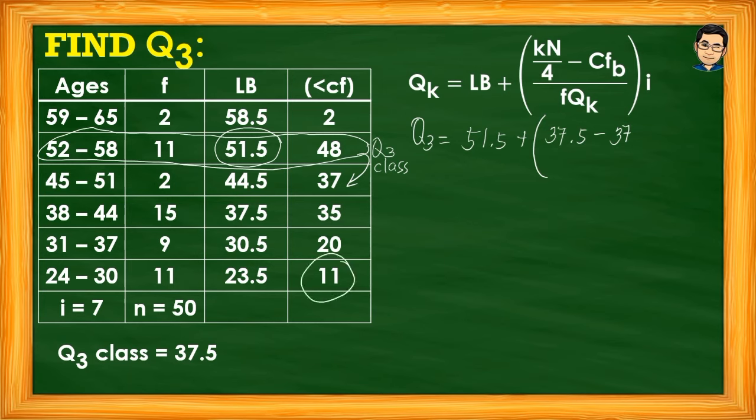Okay, so masyadong malayo na yon. So, usually, ang kasunod kung nasaan po located yung Q sub K class. So, hindi rin pwede ang 35 or 20. Kailangan yung kasunod, which is 37. Frequency of the quartile class, that is 11 times the interval, which is 7.